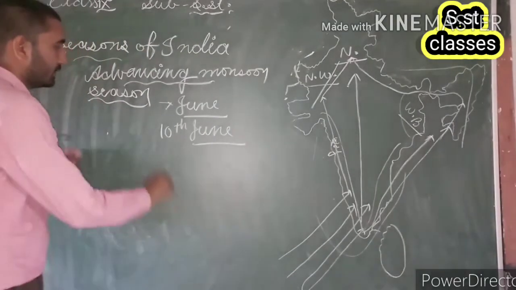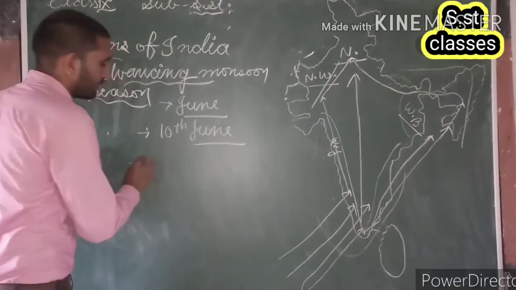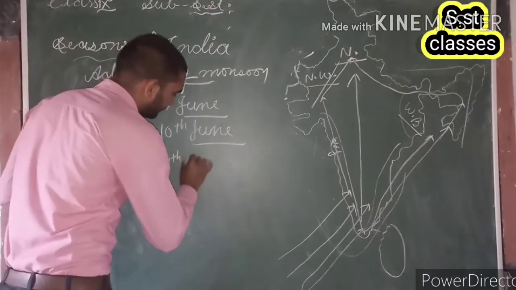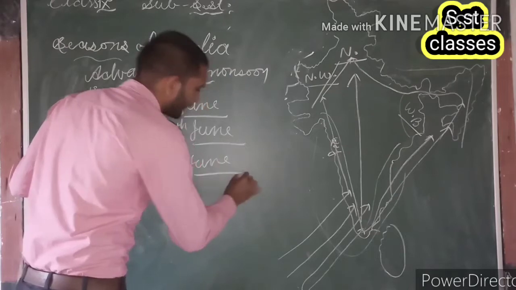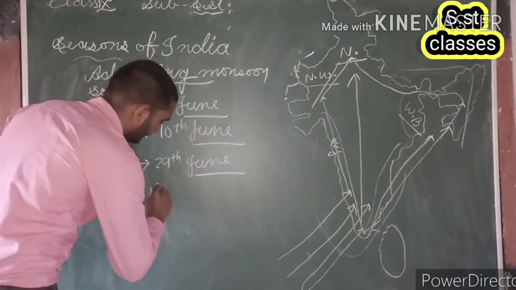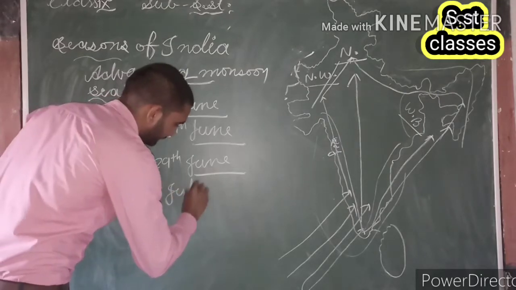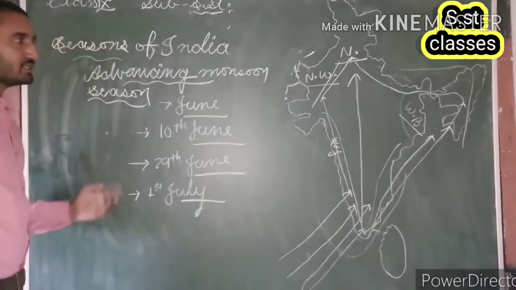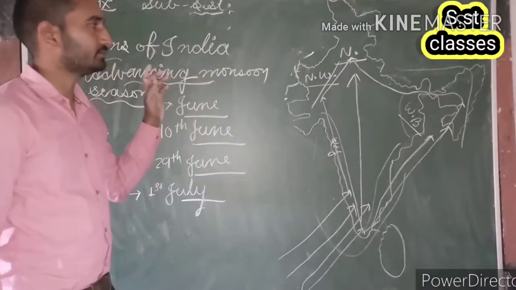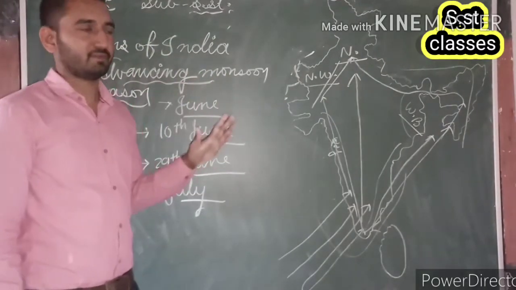In this way, the monsoon showers reach Delhi till 29th of June. And after that, in the first week of July, the regions of Rajasthan, Punjab, Haryana receive rainfall.